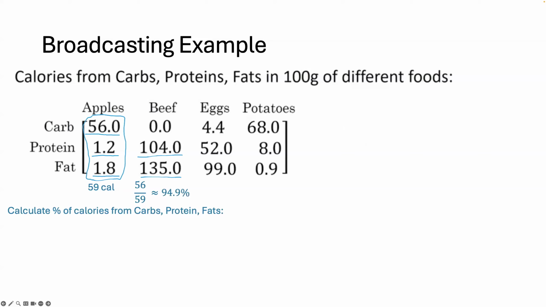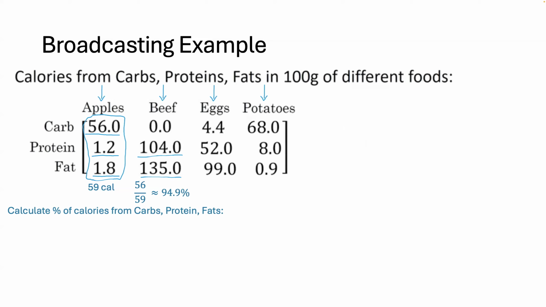So the calculation that you really want is to sum each of the four columns, apples, beef, eggs, and potatoes, and put it in a matrix to get the total number of calories of 100 grams of apples, beef, eggs, and potatoes, and then divide them through the matrix to get the percentage of calories from carbs, protein, and fats for each of the four foods.